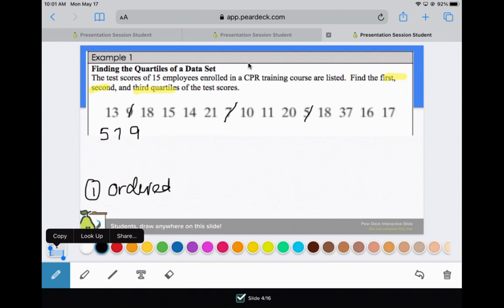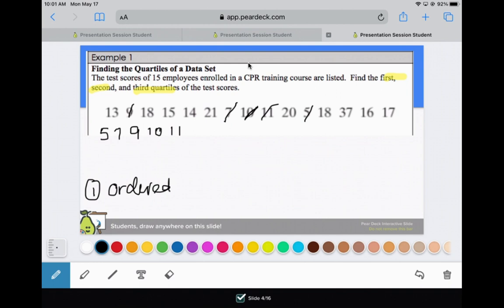So step number 1, I have to put this in order for me to find the quartile. And then we talk about what those mean in 1 second. Okay, the quartiles is you split it up and we're going to compare data. So number 1, split it up. 5, 7, 9, 10. And then we have 11.